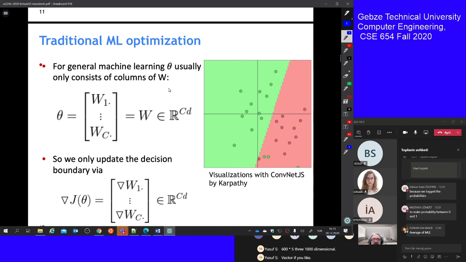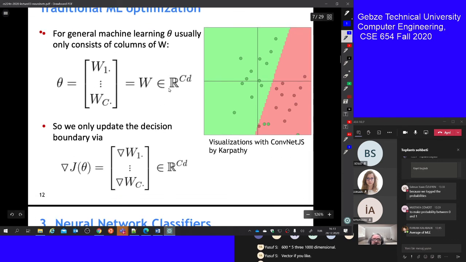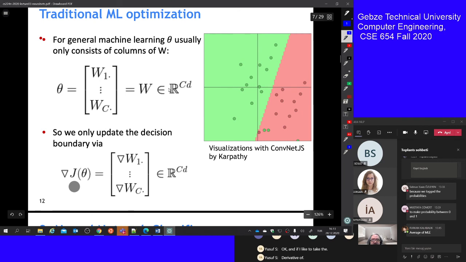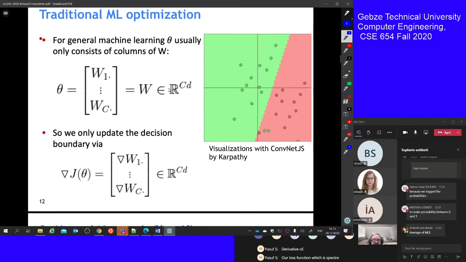Okay. And if I like to take the derivative of our loss function with respect to my parameters, it is going to be a 3000 dimensional derivative of the objective function.